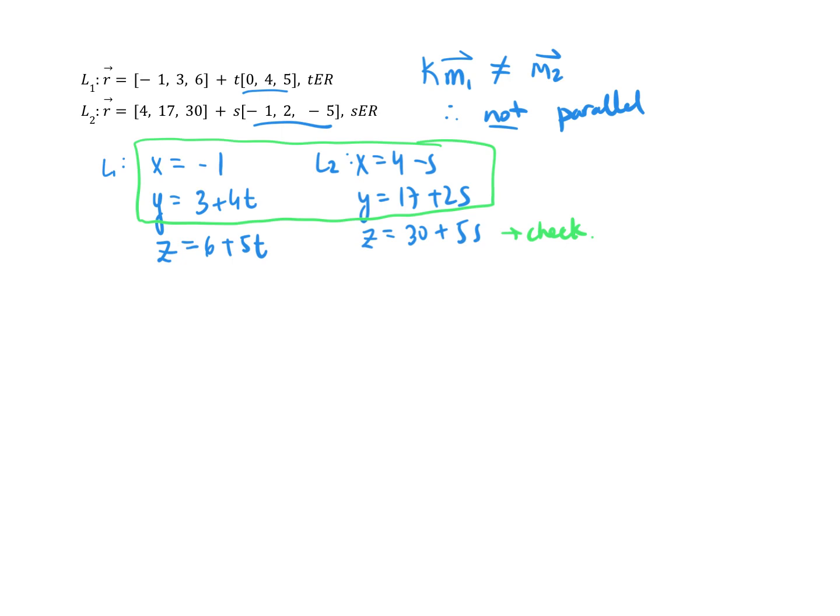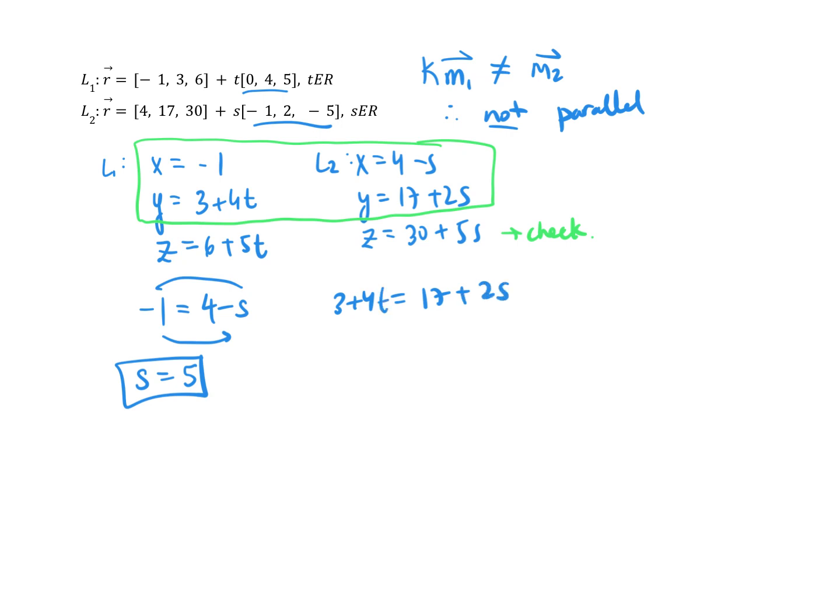So I'm going to set my x's equal to each other. -1 equals 4 minus s. And actually this is great because I can solve for s right away, which isn't always going to happen, but it did this time. S equals 5. I'm going to set my y parametric equations equal to each other.